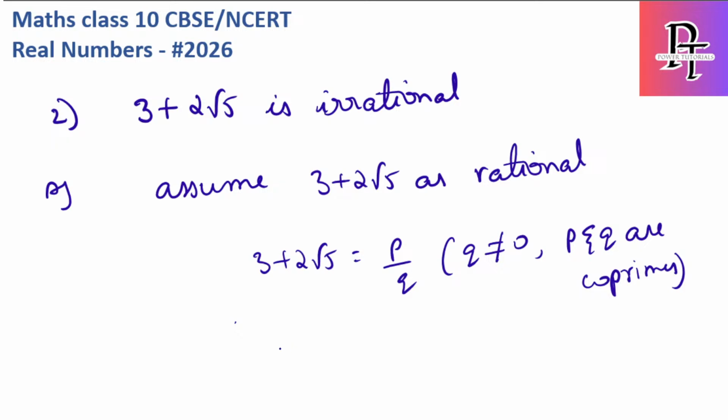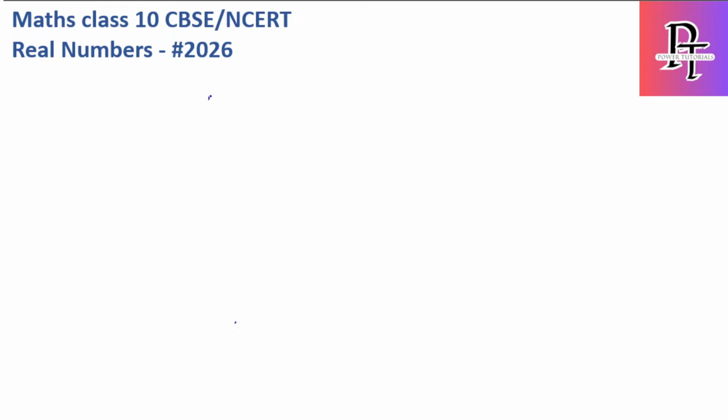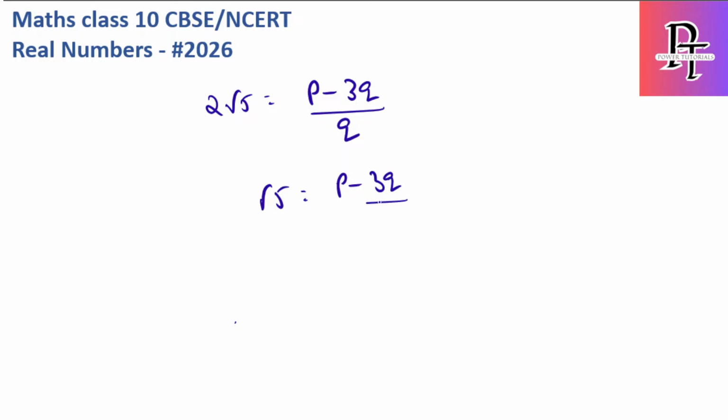Okay, so now simple, I have to move root 5 to one side and the other to the other side. So simply I can write 2 root 5 is equal to p by q minus 3. So 2 root 5 becomes p minus 3q by q. Root 5 becomes p minus 3q by 2q.